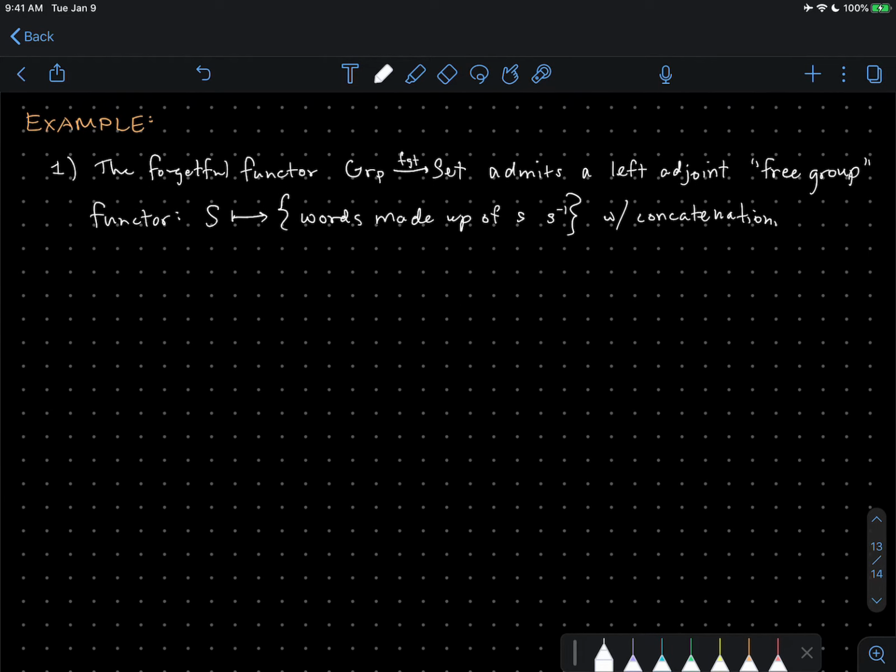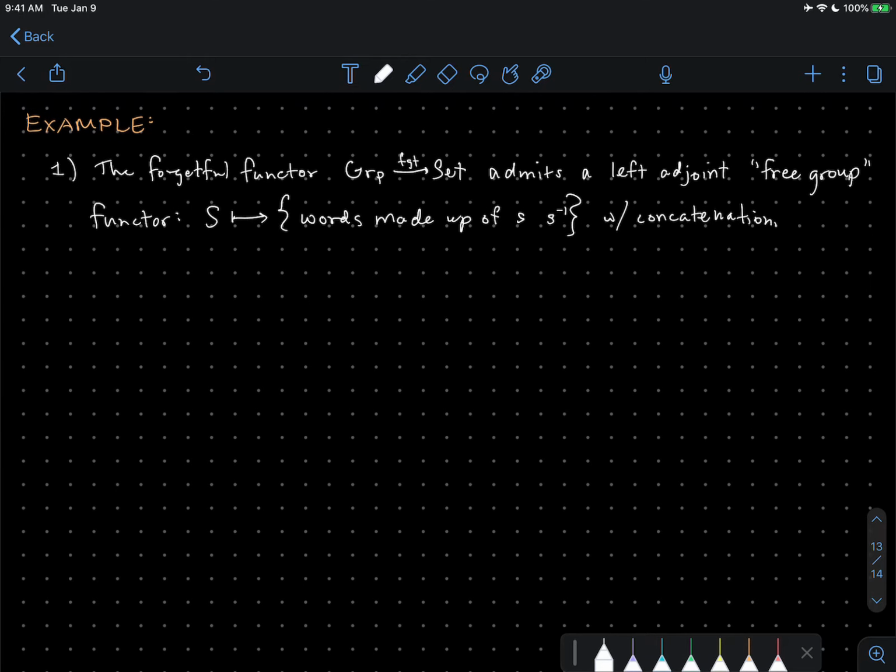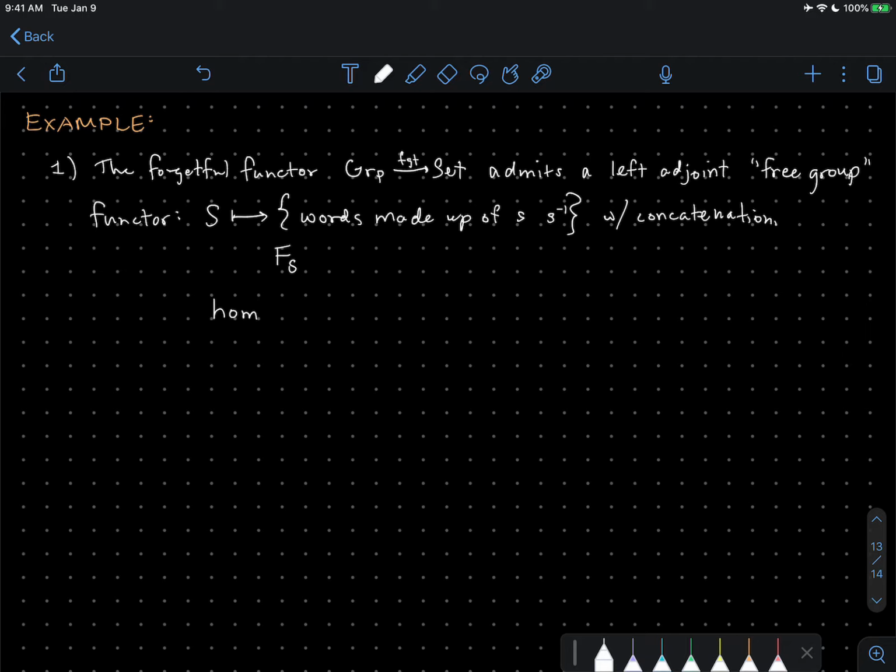But the idea that there's an adjunction means, so let's call this free group F sub S, the free group on the set S, that to give a group homomorphism from F sub S into any other group G, all you need to do is give a set function from S, not F sub S, S, into the underlying set of G.